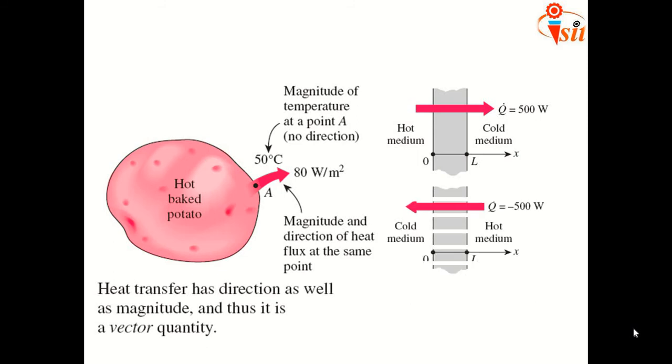But if I consider the opposite direction along the length and want to find Q, it will be negative. Why?